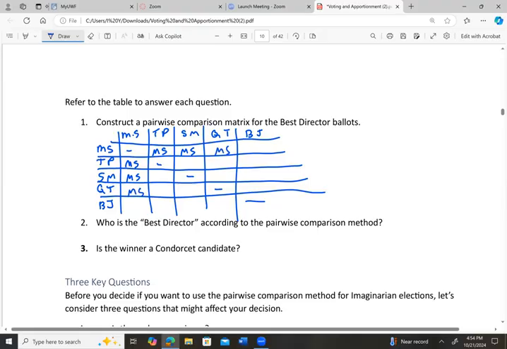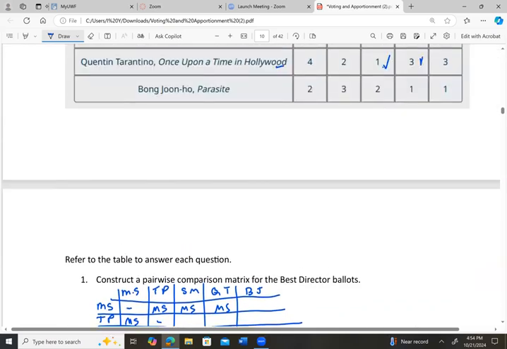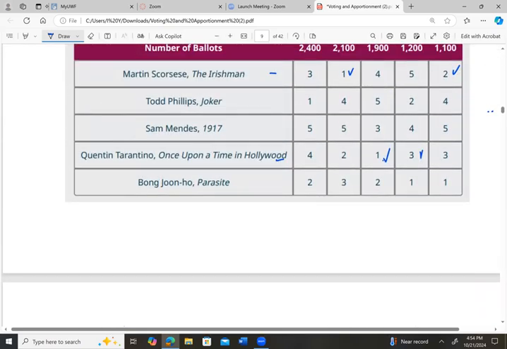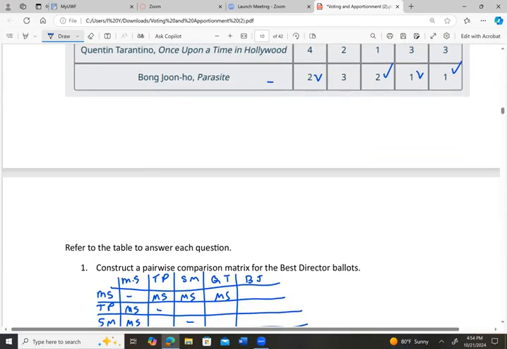And there we go. Then we try our last battle for Scorsese. All right, he battles Bong Joon-ho. 2 is better than 3, but 1 is better than 3. 2 is better than 4, and 1 and 1. So Bong wins that one.